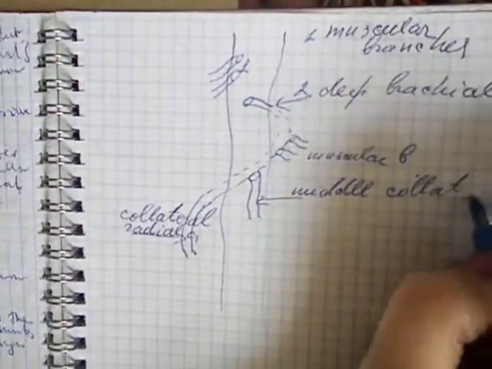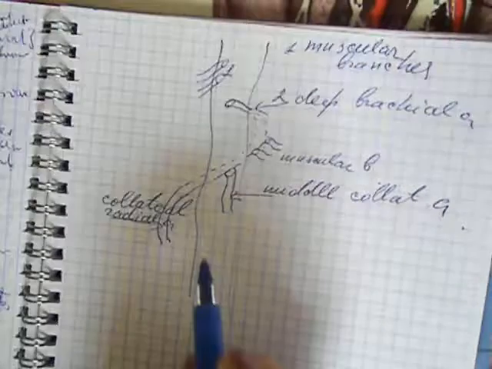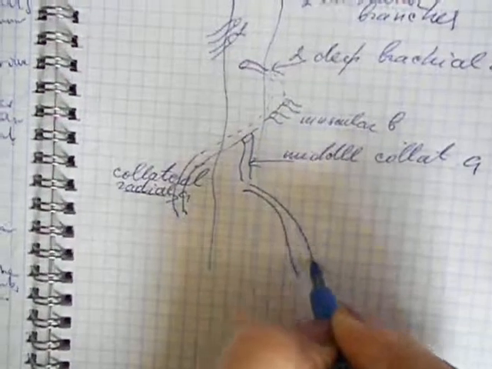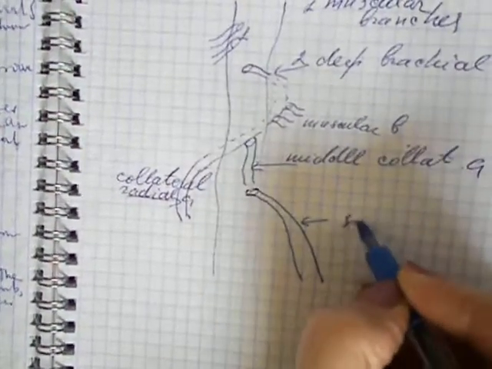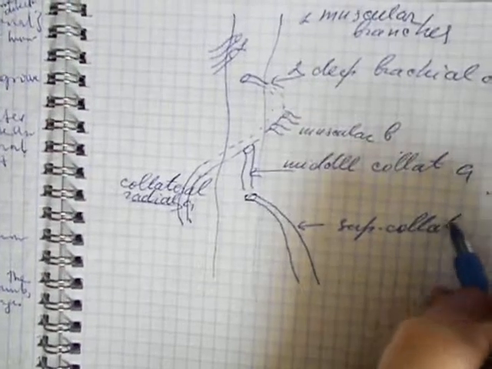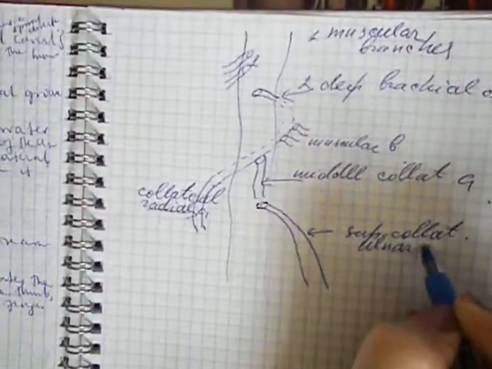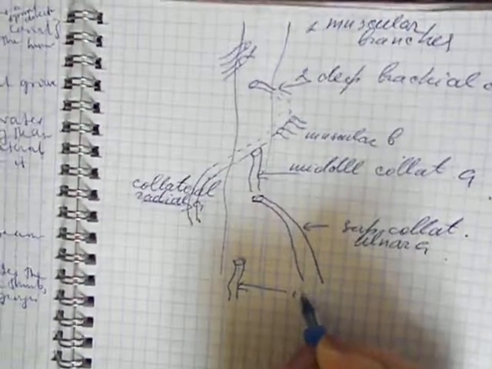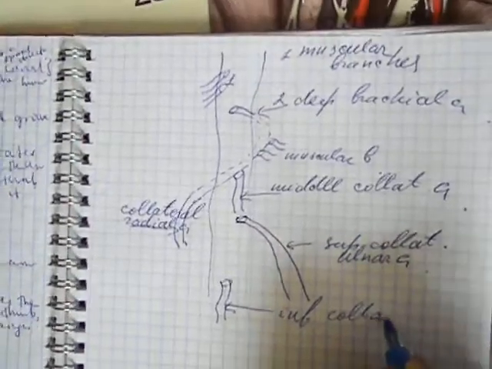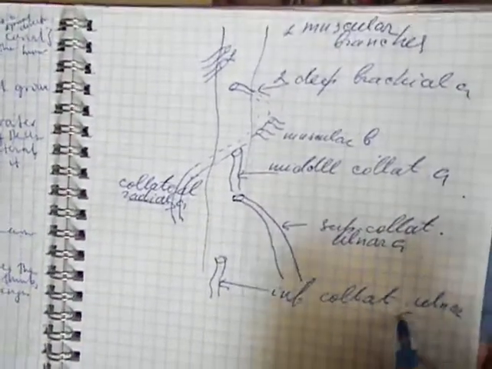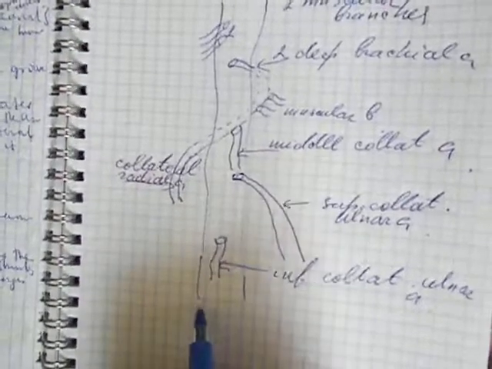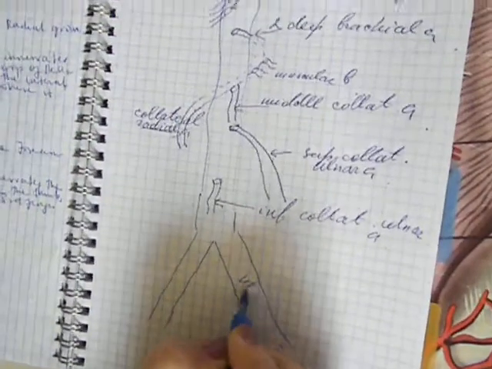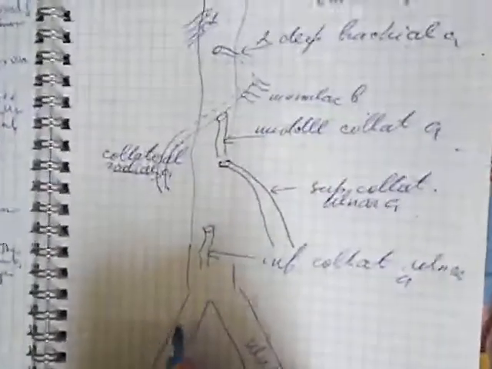Next, brachial artery gives superior collateral ulnar artery and inferior collateral ulnar artery, and after that it divides into two terminal branches, radial artery and ulnar artery. Here ulnar, here radial.